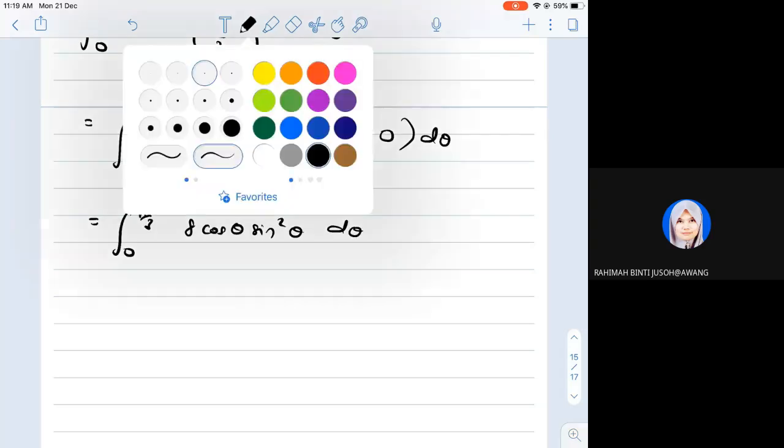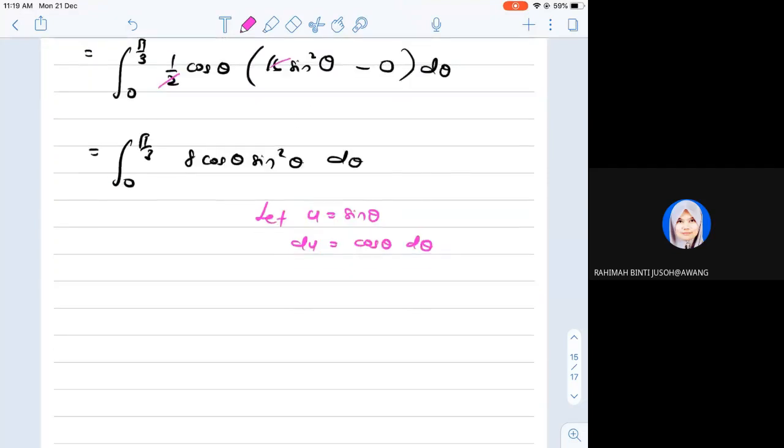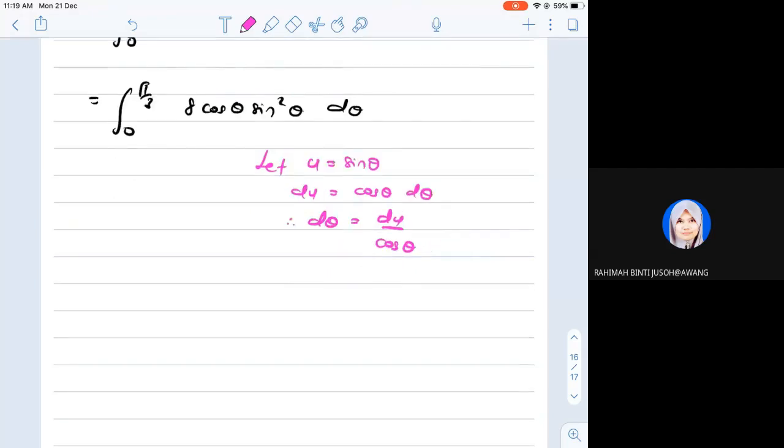Okay, so what you can do is you need to have a substitution. We let u equals sine theta. Differentiate u, we get cos theta d theta. So of course d theta equals du over cos theta, isn't it? And then I like to change the limit.